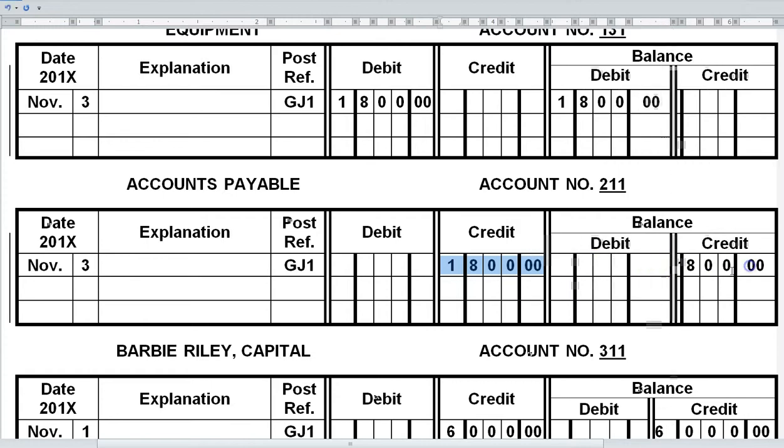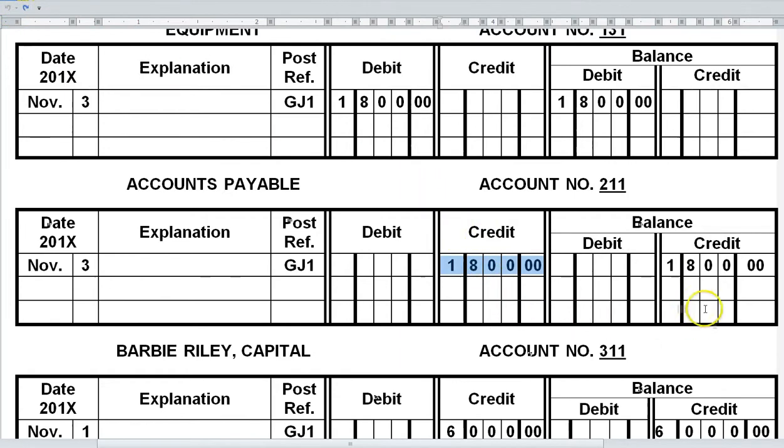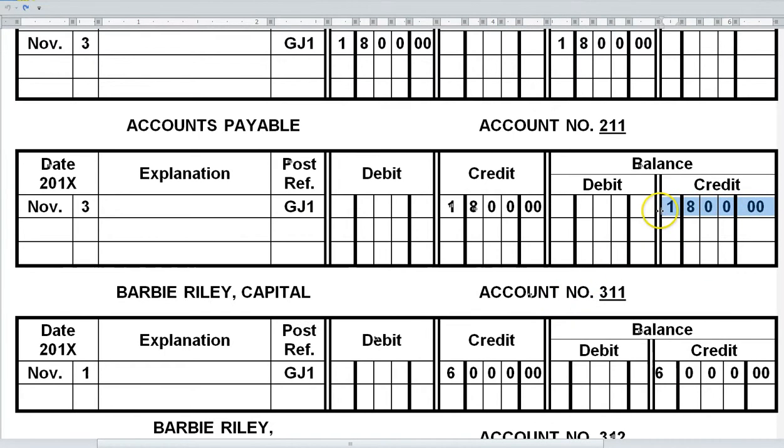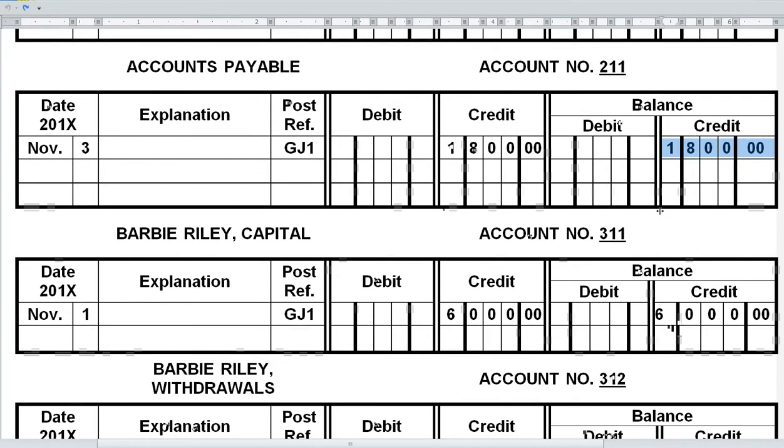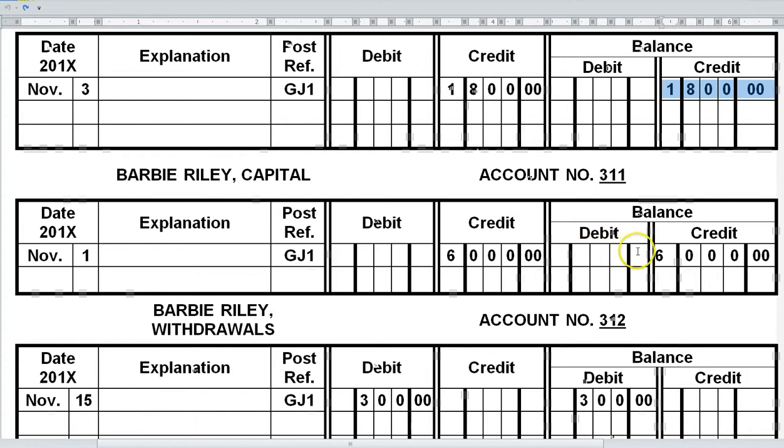That carries a balance to the account of 1,800, and that would obviously go to the liability section of the balance sheet from the trial balance to which it is transferred. And here's Bobby Riley, her initial investment added to her account with a credit.